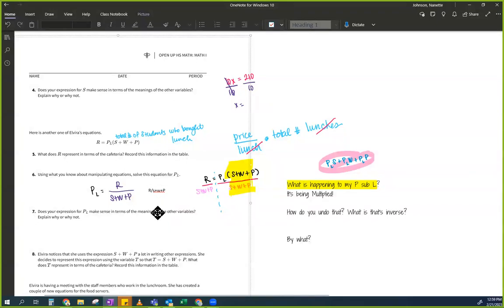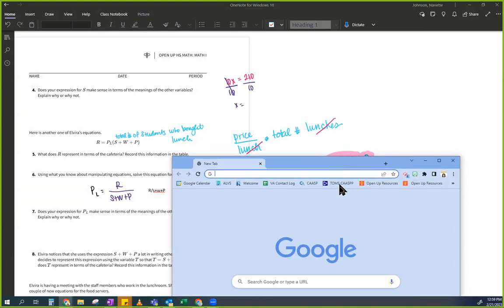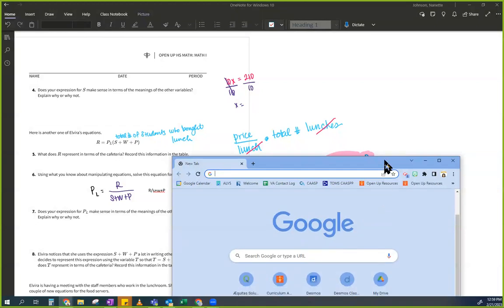Uh-oh. Sorry, buddy. What is glitchy? Your sound is glitchy. Okay, wait. Let's type this up on Desmos and see if you can understand what I'm trying to say.